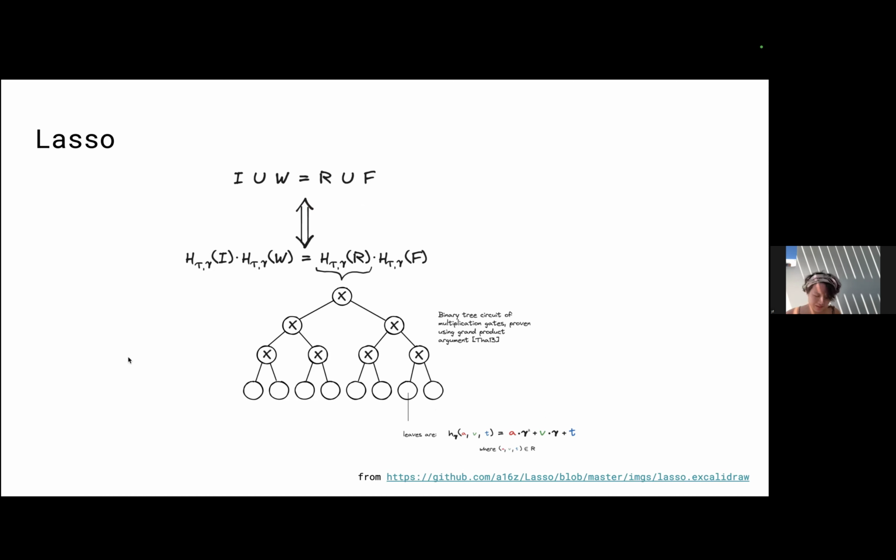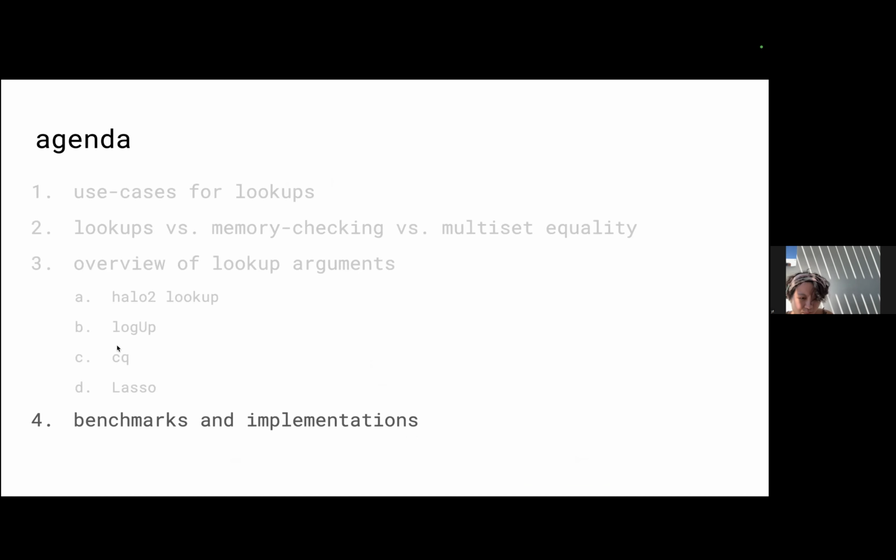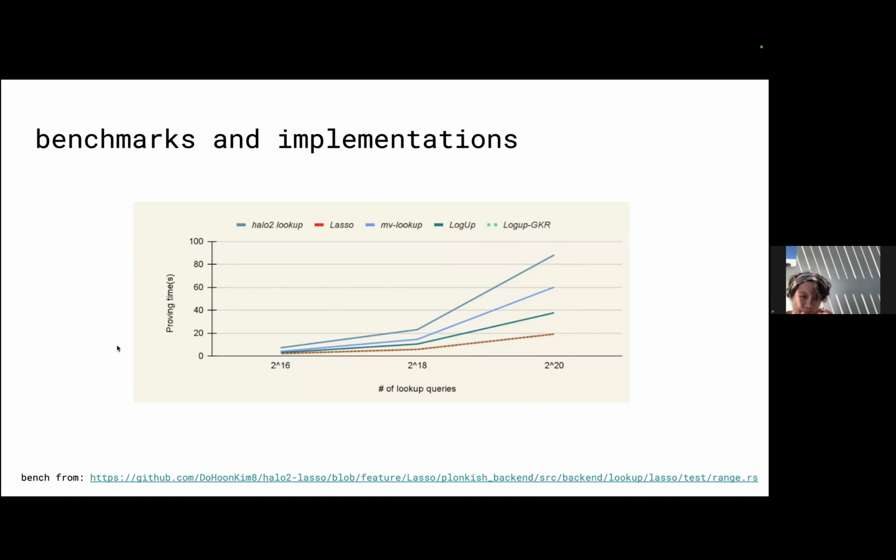So this should remind you of logup GKR, where they are proving the log derivative identity using GKR. And in both of these cases, you get the benefits of not having to commit to extra helper polynomials. So that's some intuition as to why both logup GKR and Lasso are really fast.